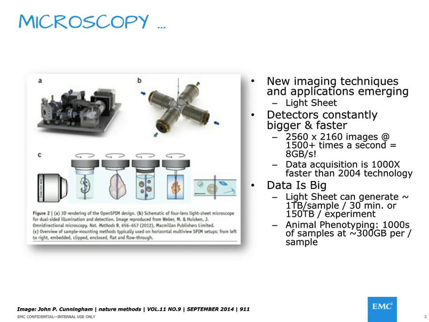And now that's also allowing for a lot of new types of applications or methodologies to be put into play, and to be able to do things like neural recordings on model organisms like zebrafish, or techniques like animal phenotyping, where you could have thousands of samples, and each sample can generate like 300 gigs of data.